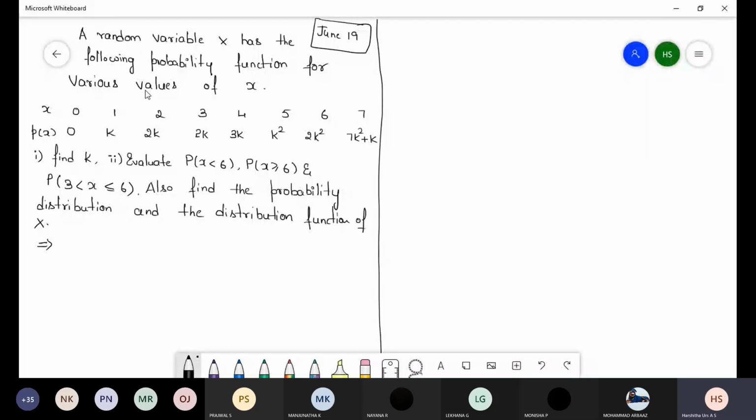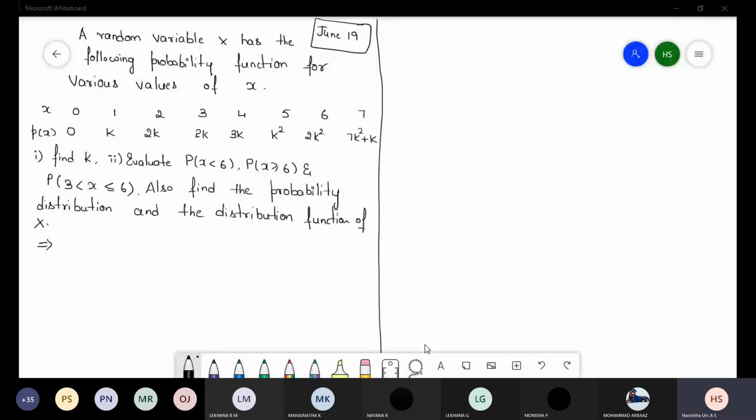Yes, screen is lagging. You have to wait for 2 to 3 minutes. If it is lagging, then one more time I will just display.